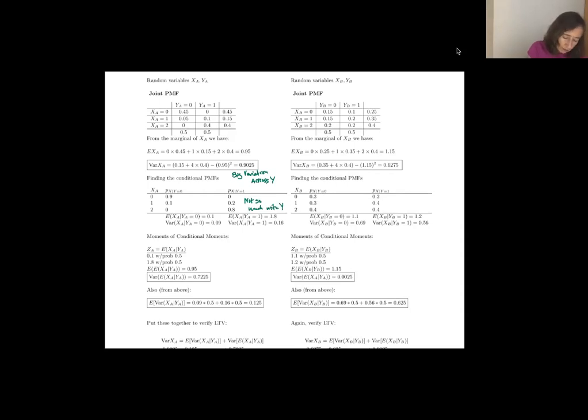Okay, so this random variable is one where if we know the value of y, we're actually pretty certain about x. Okay, knowing the value of y is really helpful here.